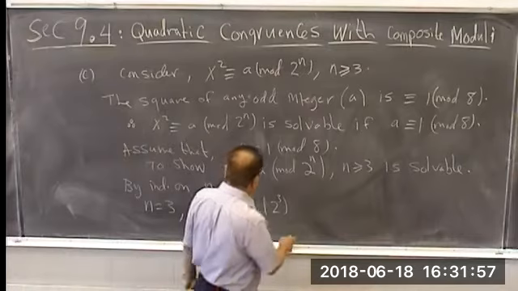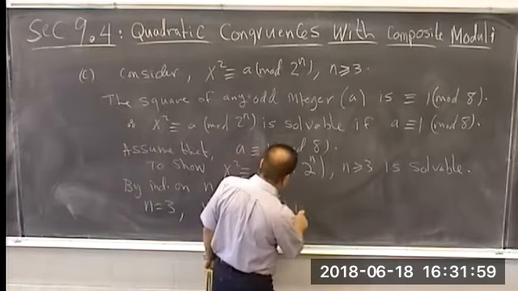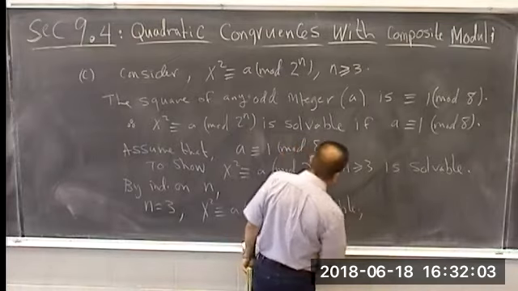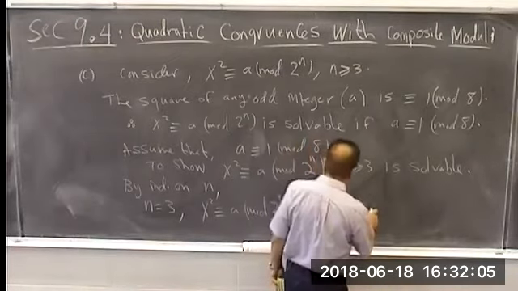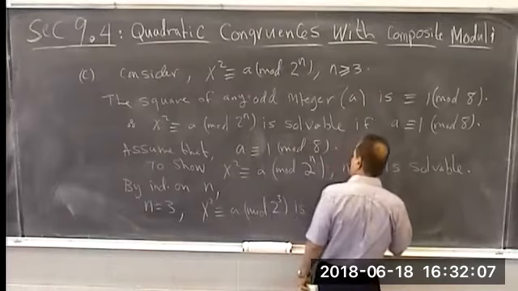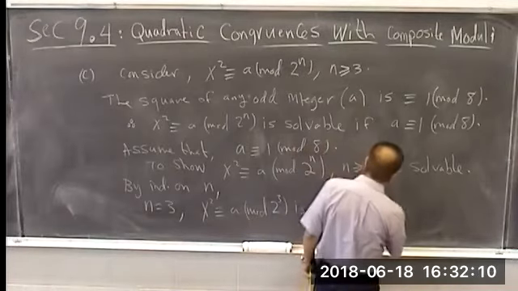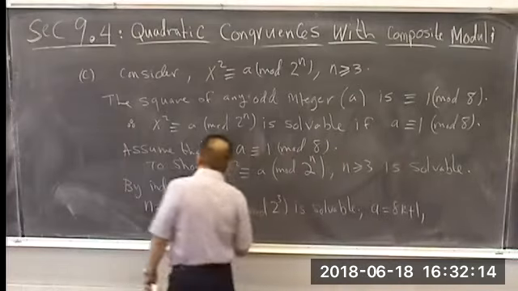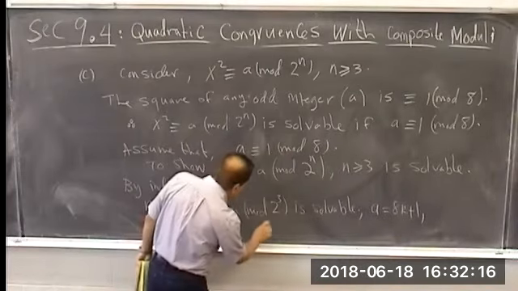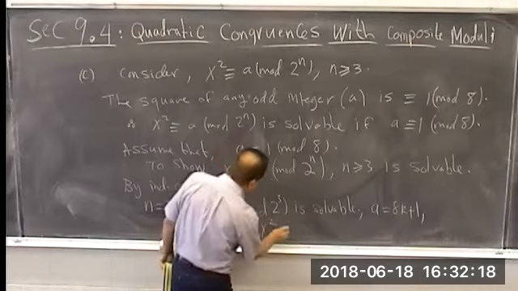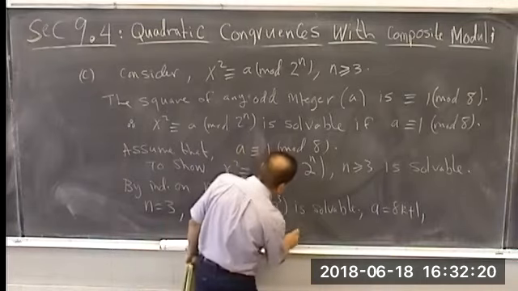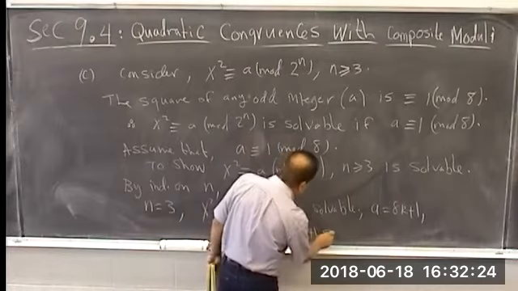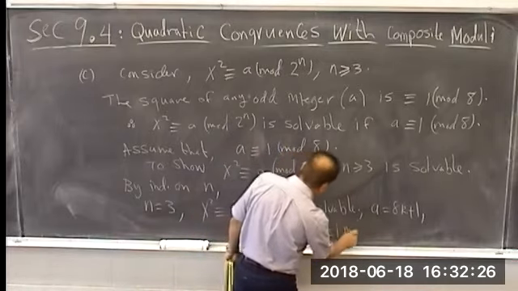This is actually solvable because a is of this form: we are assuming a is 8k plus 1, and the congruence becomes x squared congruent to 8k plus 1, which is congruent to 1 mod 8.